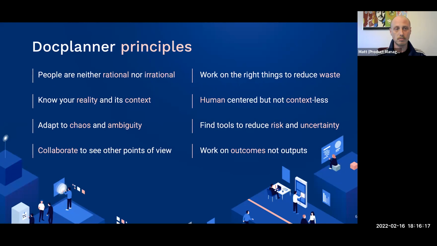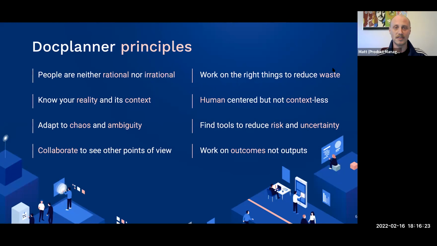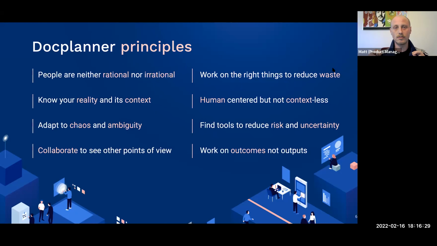First of all, people are neither rational nor irrational, so we should not assume one or the other is true. You should know your reality and its context. Just to give you an example, in Doc Planner, we work with secretaries. In a super linear process, you may assume a person clicks a button, fills in some information, it is saved, and everything's fine.